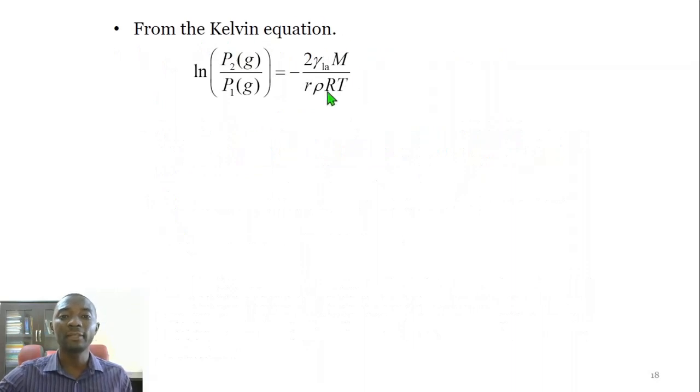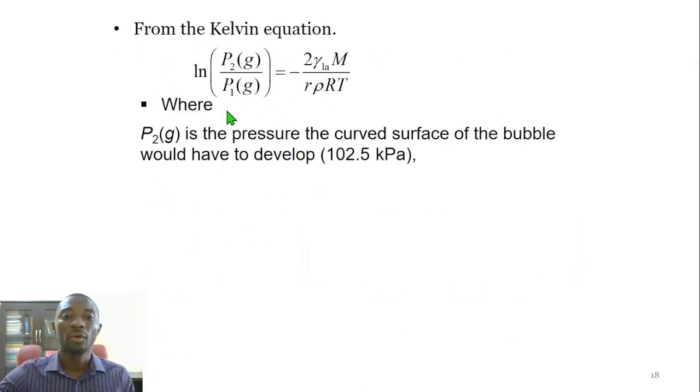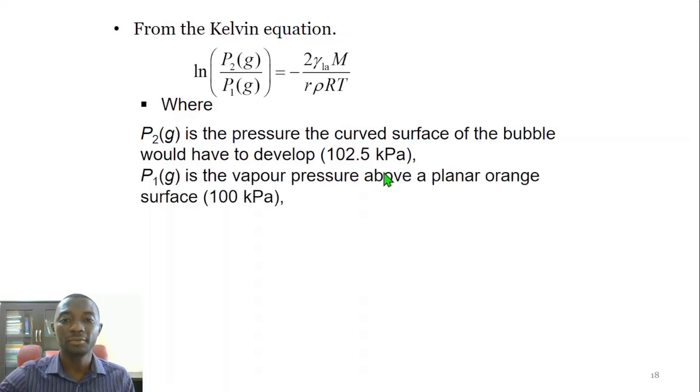So from the Kelvin equation, which is given here, where P sub 2 of G is the pressure the curved surface of the bubble would have to develop, which we've just calculated, 102.5 kilopascal.